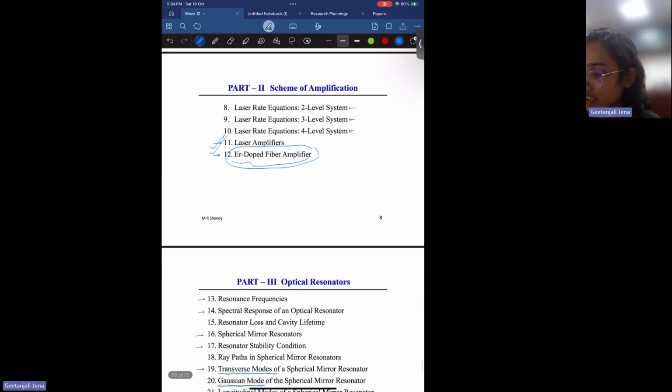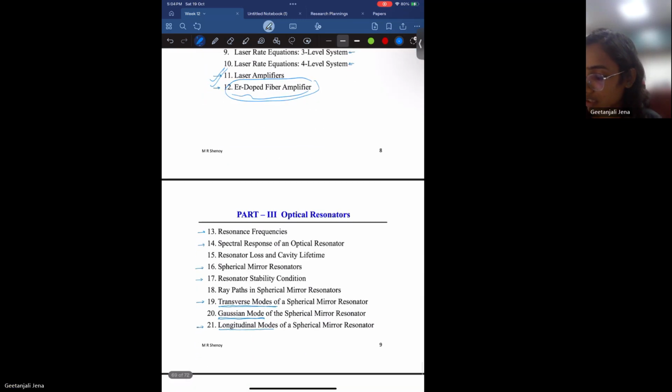And in the third part, we have seen what is the resonance frequency of a cavity, so what are the conditions for getting a resonance frequency. That is, when the round trip phase is an integral multiple of 2 pi, then you can see there will be resonances that will happen inside the cavity.